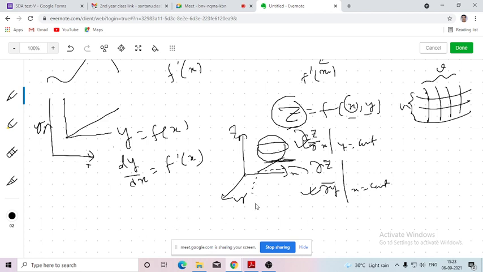Is that clear up to this? If you have any kind of doubts, you could ask me. Otherwise, if it is clear, just let me know. Is it clear? Or do you have any doubt? Is it clear or not? Am I audible? Is it fine?